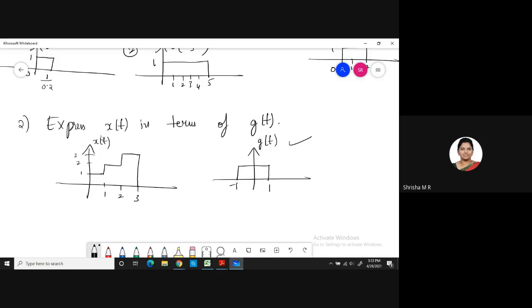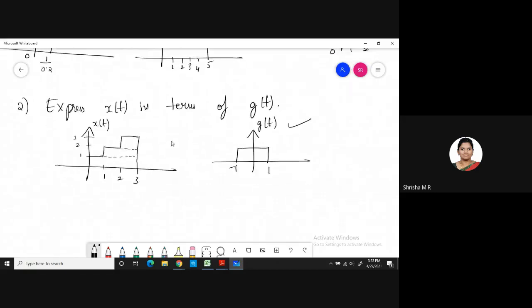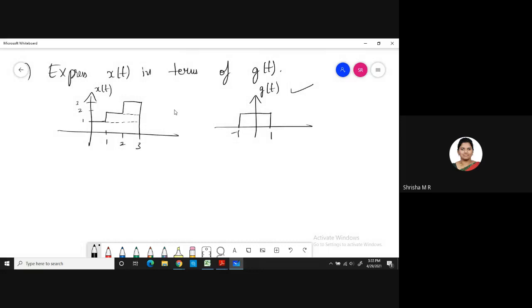What is the first step? You have to express x of t in terms of g of t. So you slice it horizontally. Your signal will be from 0 to 3 with an amplitude 1, from 1 to 3 with an amplitude 1, and from 2 to 3 with an amplitude 1. So I will write the different waveforms of x of t in terms of g1, g2, and g3 of t.